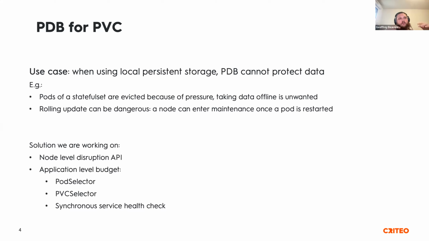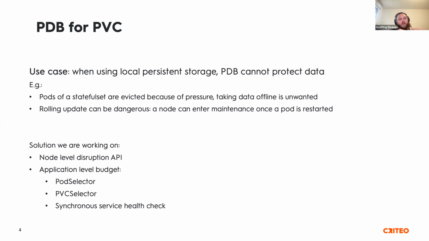And why it can be bad, especially in the context of maintenance, is that there are some cases where pods can be forcefully ejected from a node, for example, when there is node pressure, like ephemeral disk node pressure. And if not all the pods are running, maintenance can be performed on the node, whereas we know that the PV and the PVC should be kept because there is a degraded state above.